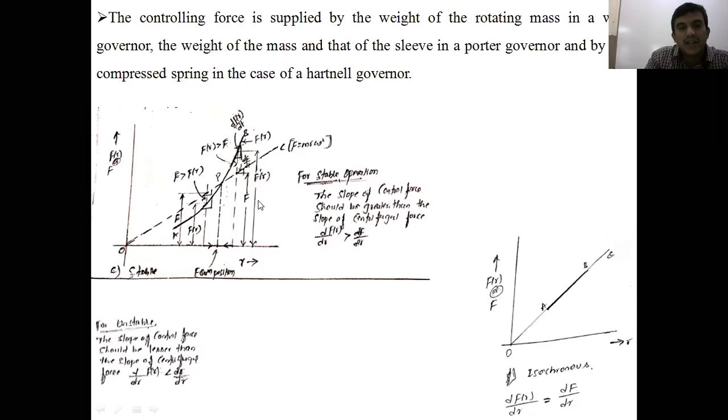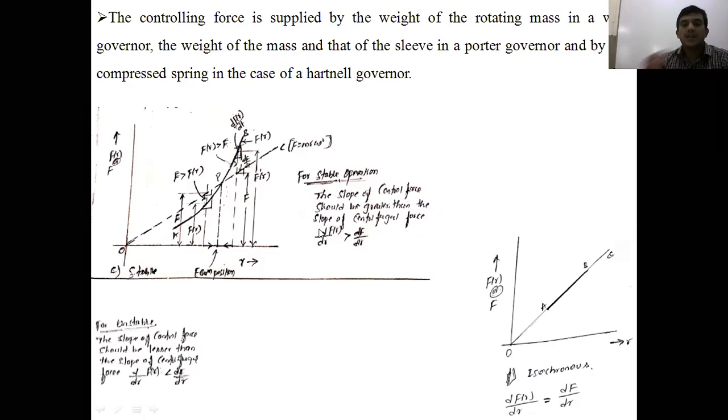What is the condition here? It is stable when the slope of the controlling force curve, d by dr of F, is greater than the slope of the centrifugal force. Then you can say the governor is stable.